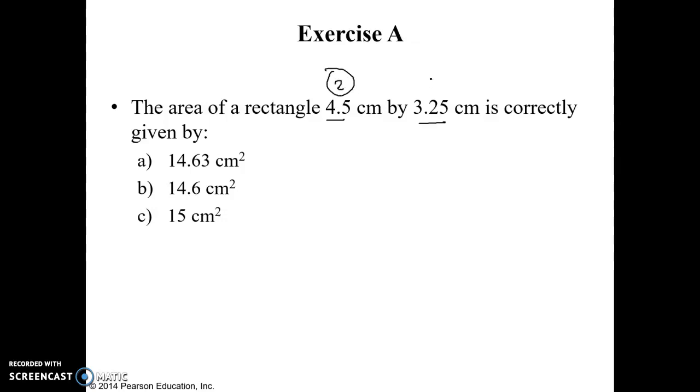This one's got 2, this one's got 3, therefore this is the limiting number. Our answer should only have 2 significant figures. It should be C, just 15. And there we go, that was the correct answer.